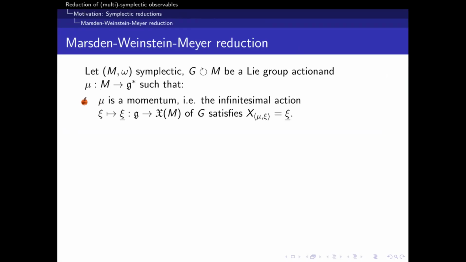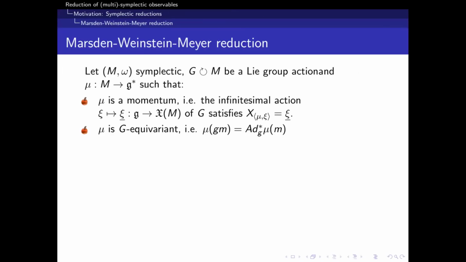So we take xi in the Lie algebra, and mu paired with xi gives us a smooth real-valued function. We have just learned that those functions have vector fields, and the vector field should be the fundamental field of xi under the action.